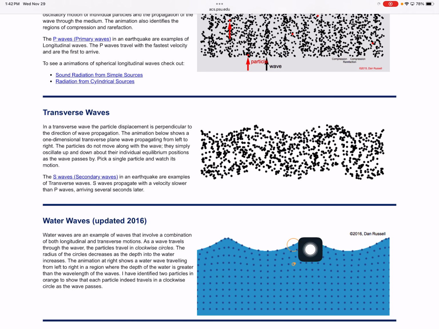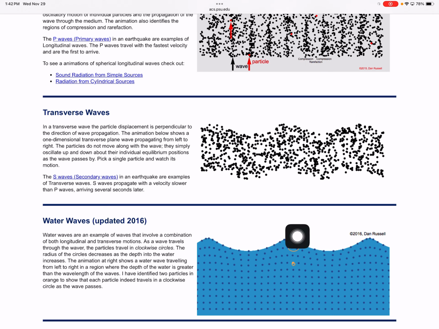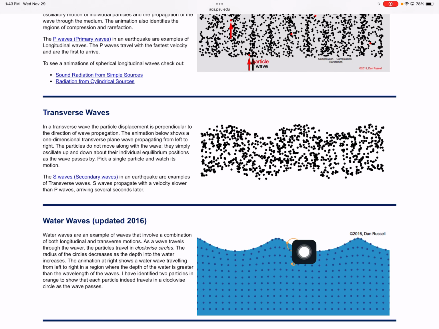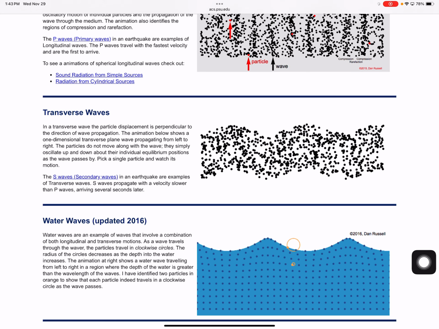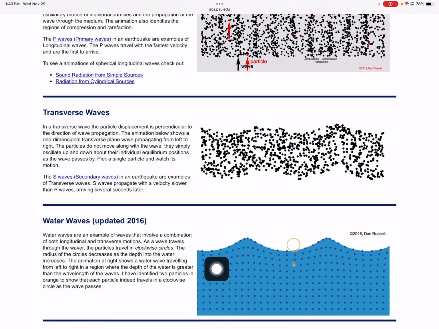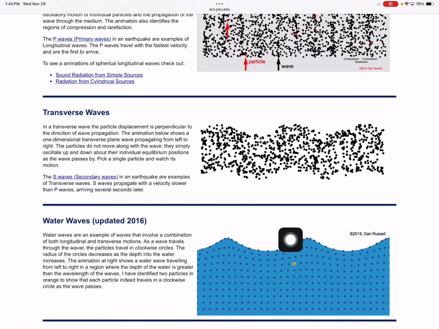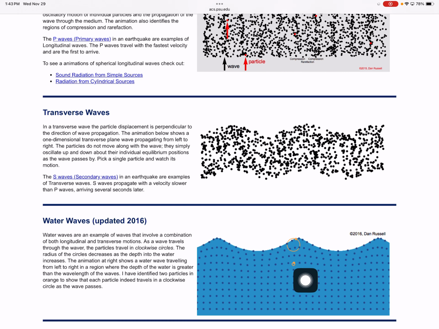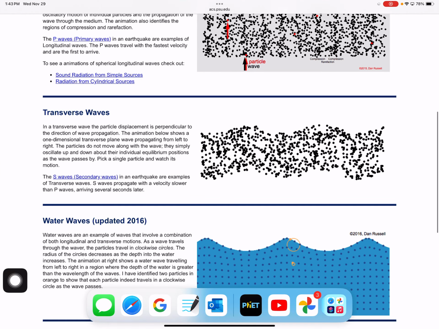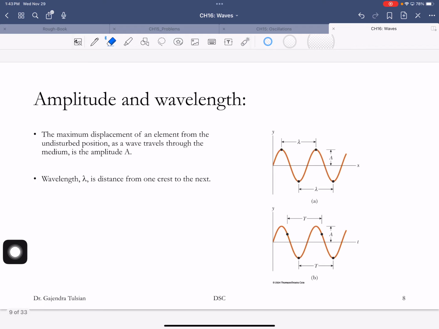In a water wave, each particle is going in a circle, so it's a combination of a transverse wave and a longitudinal wave. If you have a 3-foot wave, the water molecule is going in a circle of radius 3 feet. And as you go deeper, the size of the circle gets smaller and smaller. So complex waves are a combination of longitudinal and transverse waves.